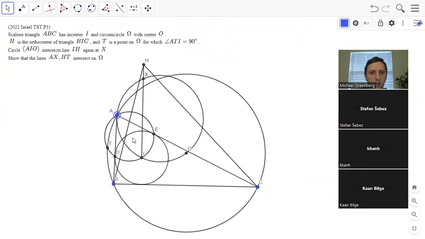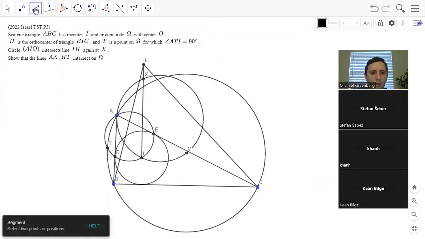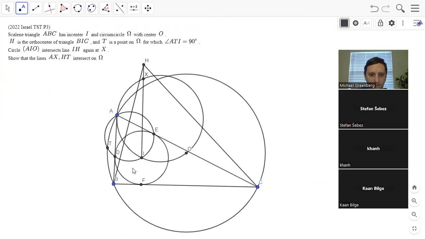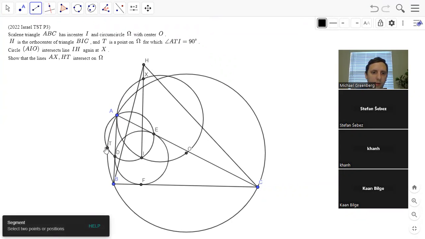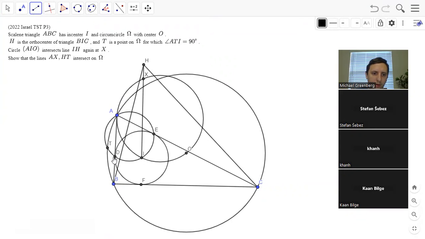For example, one lemma is that H lies on the Schwarz line of the in-touch triangle, DEF. I forget, how do you construct that? Is it like you take the midpoint of the altitude from F to DE? Yeah, and also the midpoint of DE, and those two are collinear. Okay.